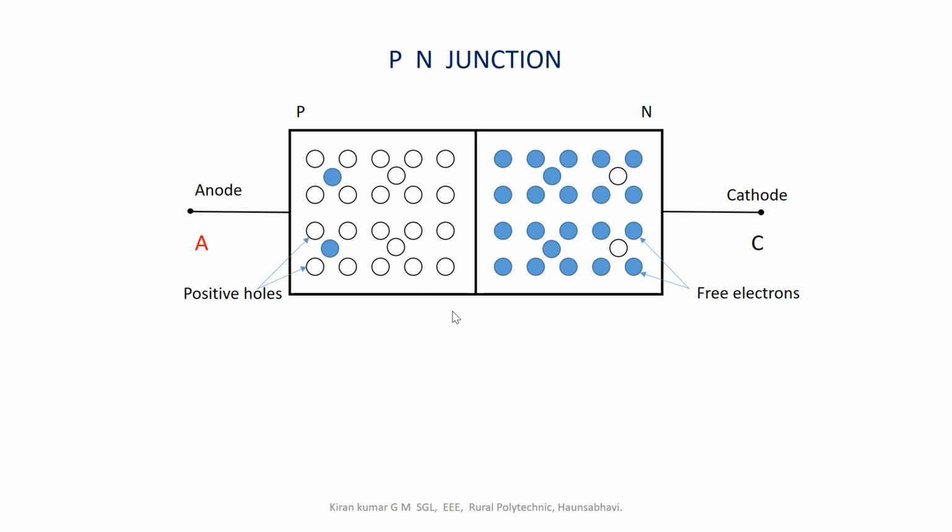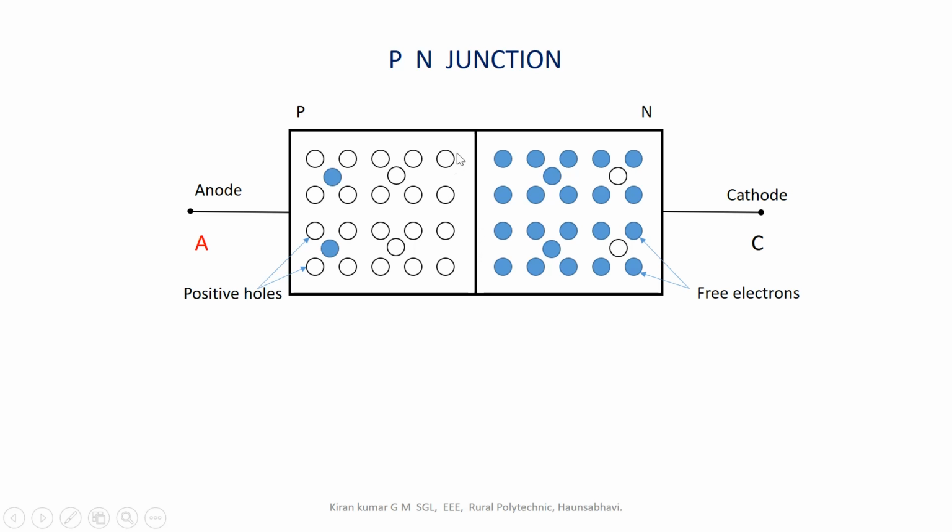Now, when this diode, the p-n junction, is created, the free electrons present just by the side of the junction in this n region will be attracted more towards the free holes existing on the p region of the semiconductor just by the side of this junction.